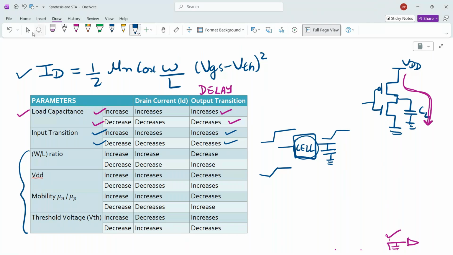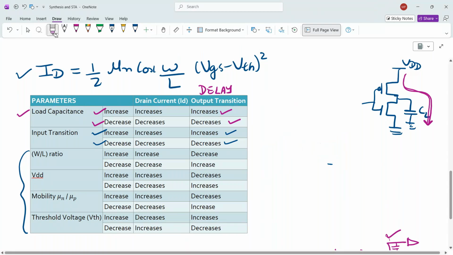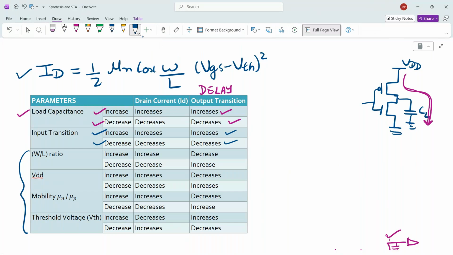Now coming to this equation, you can see when I increase the W by L ratio, width by length, it is directly proportional to ID.